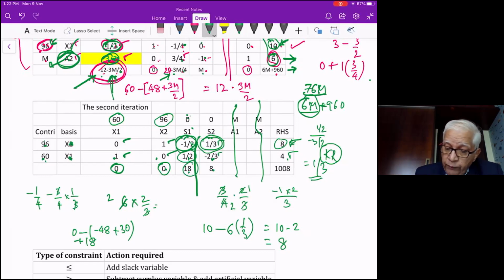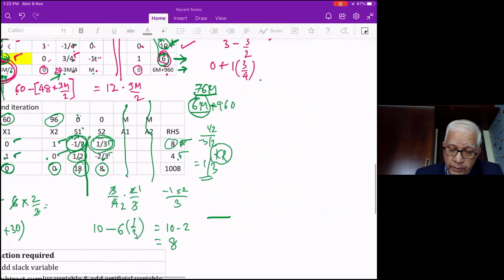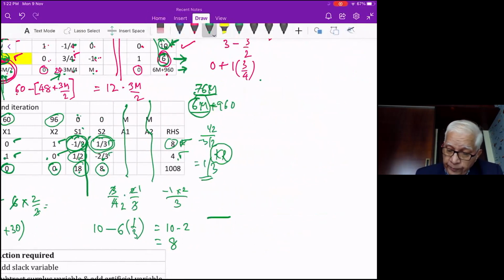Now we'll calculate this 8. How do we calculate this 8? 0 at the top, minus into bracket 1 by 3.